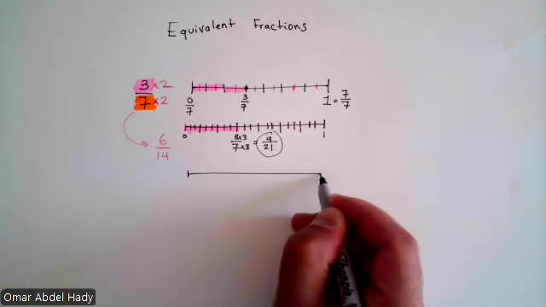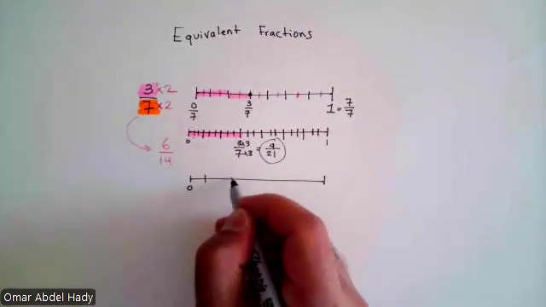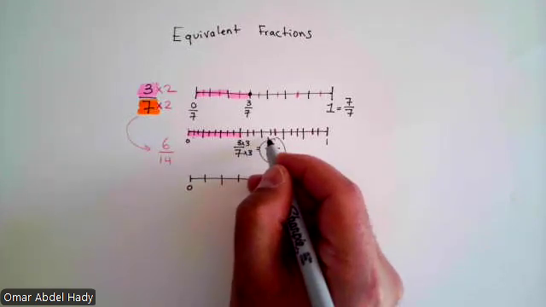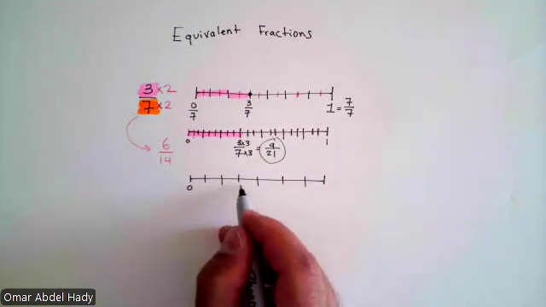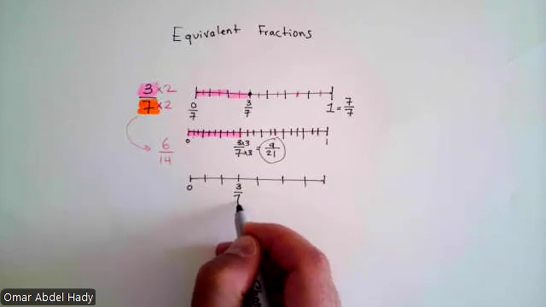For my third equivalent fraction, again, I can use a number line and break it into 7 parts. 1, 2, 3, 4, 5, 6, 7. And remember that I have 3/7.